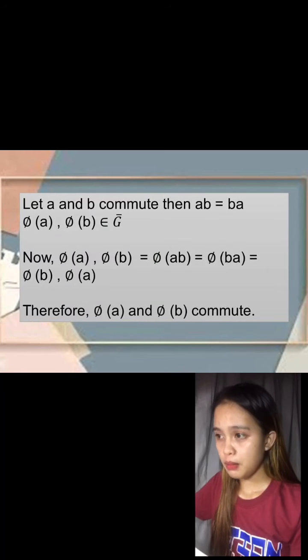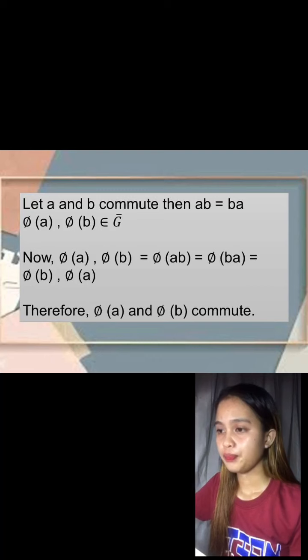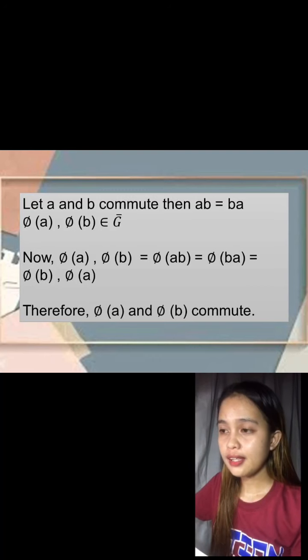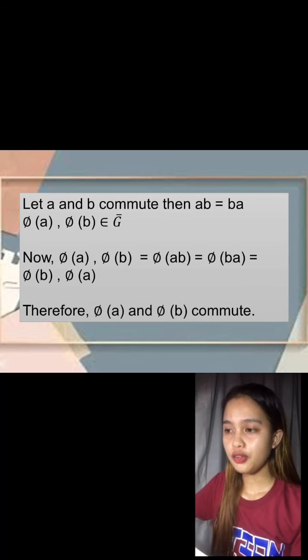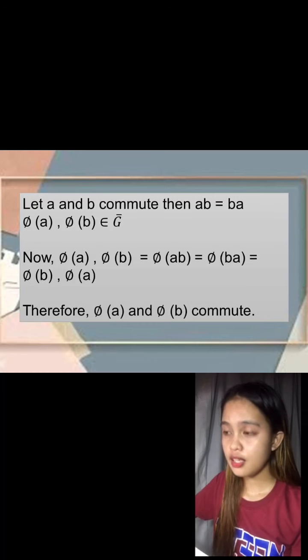So let A and B commute, then AB is equal to BA. So phi of A and phi of B are also elements of G bar. Now, phi of A times phi of B, from the definition of homomorphism from a while ago, is also equal to phi of AB.